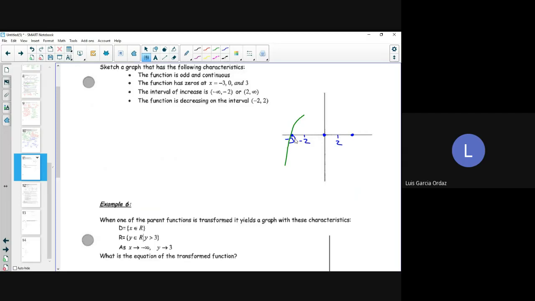It decreases, right? Oh, okay, that makes sense. So from -2 to +2, it decreases. And then what happens from 2 to infinity? It increases again.